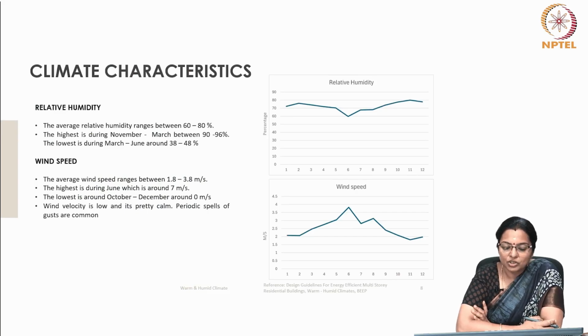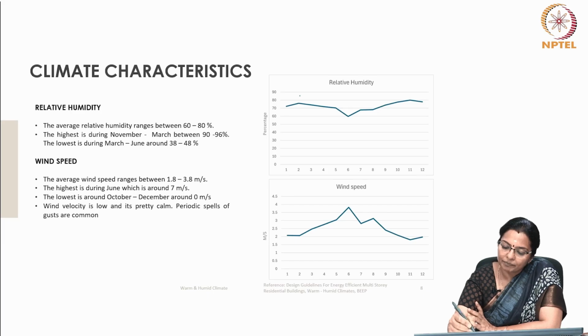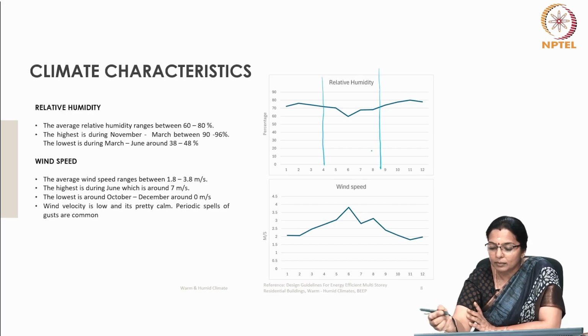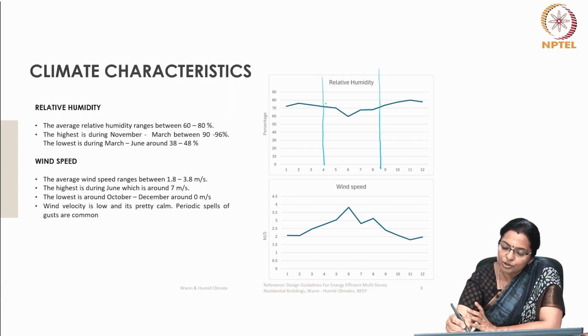Let us look at the humidity characteristics. The average relative humidity here ranges between 60 to 80%, and the humidity is low as compared to the other months between April to maybe early August or July. So between April to July, when it is extremely hot, the relative humidity takes a slight dip.